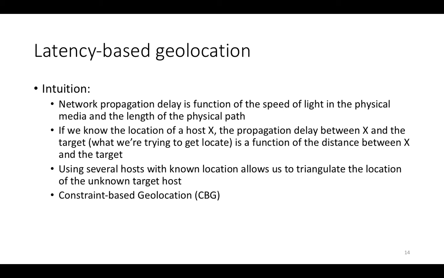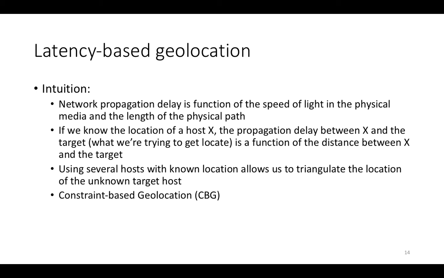So for instance, the amount of time it takes for a bit to get from my house in Monterey to a host at NPS is going to be much smaller than the amount of network propagation delay to get from my house in Monterey to a host in Boston.